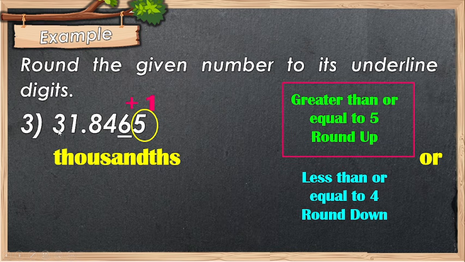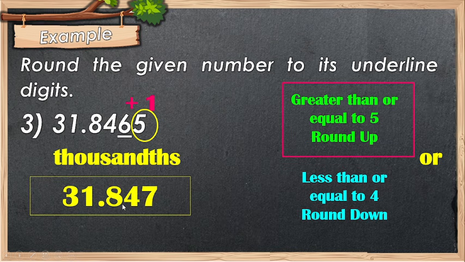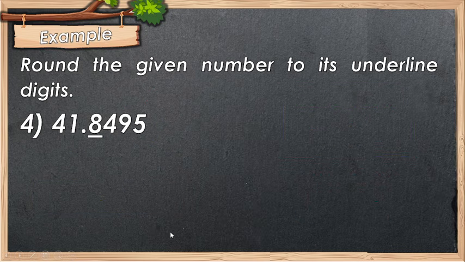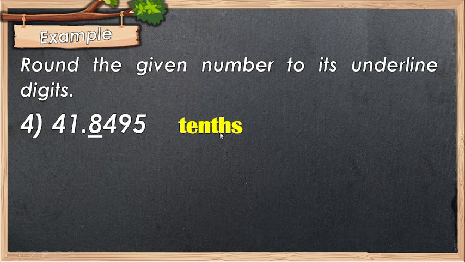So, the answer is 31 and 847 thousandths. Next, we have 41 and 8,495 ten thousandths. This should be in the tenths place. Now, look at the digit to the right of 8. The answer is 4.